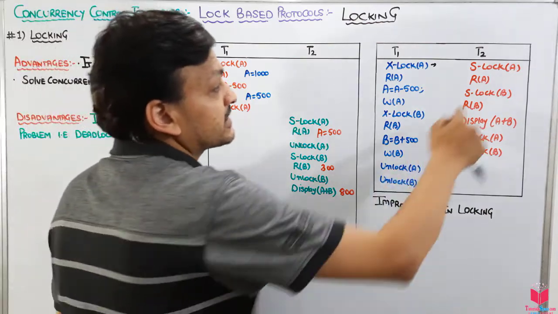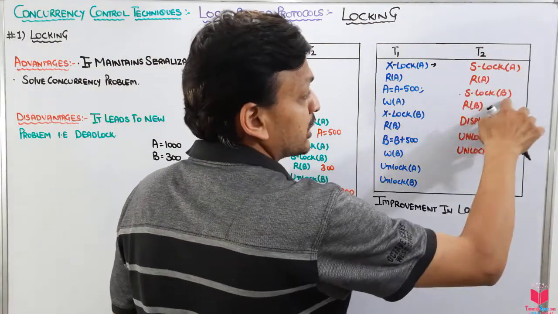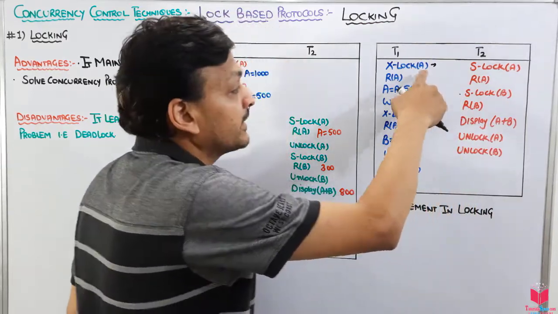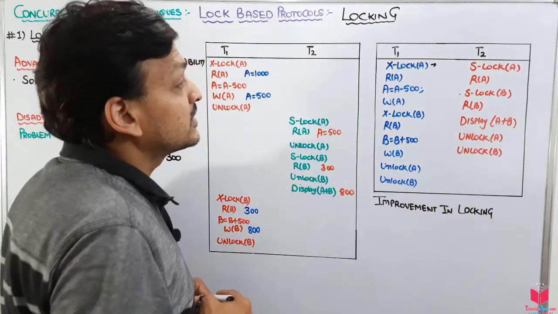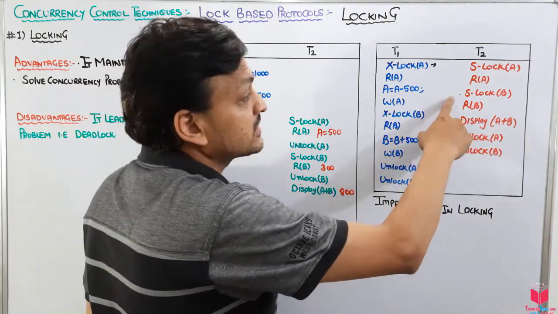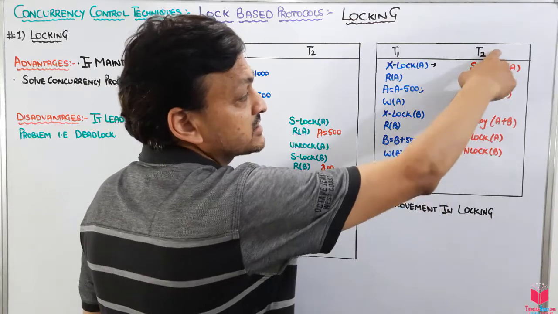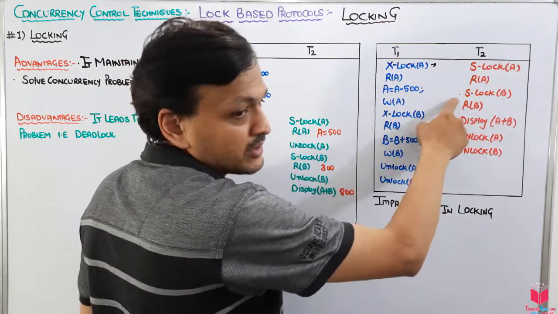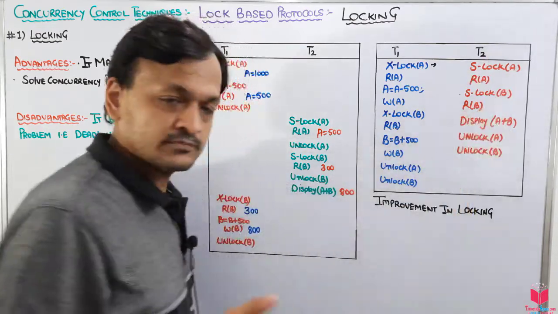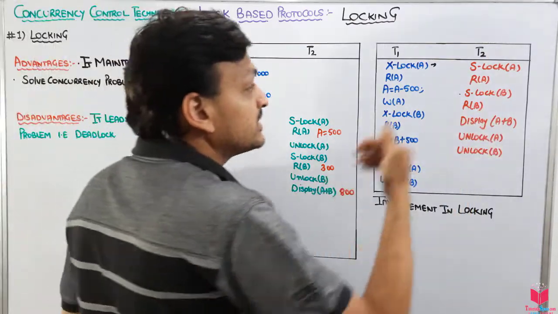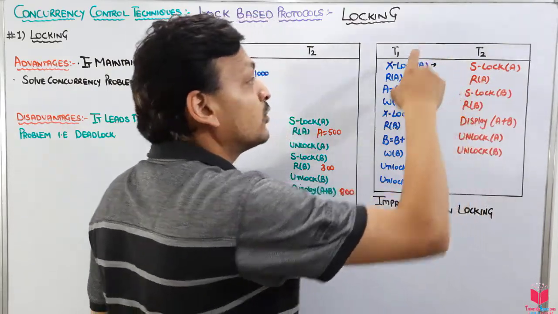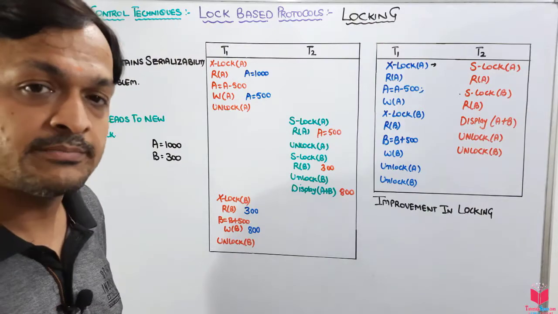But the problem is that transaction T2 is now holding a shared lock on B, and transaction T1 is holding the exclusive lock on A. Then T1 requests the exclusive lock on B, but it is being held by transaction T2, so T2 will not release it, and T1 will wait until T2 releases the shared lock. But T2 is requesting the shared lock on A, which is being held by transaction T1.